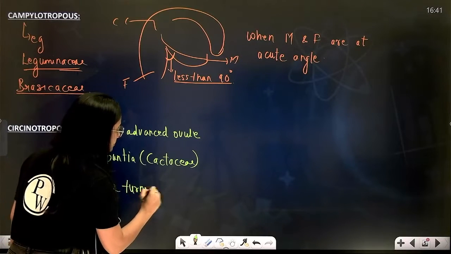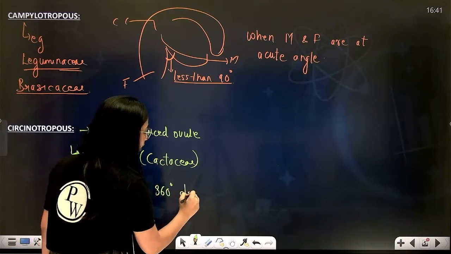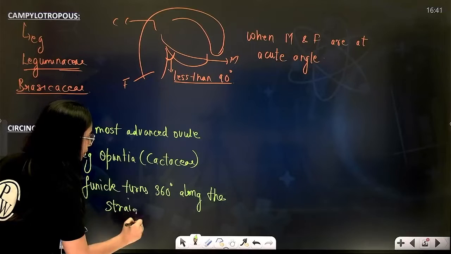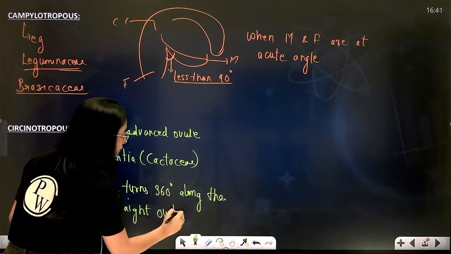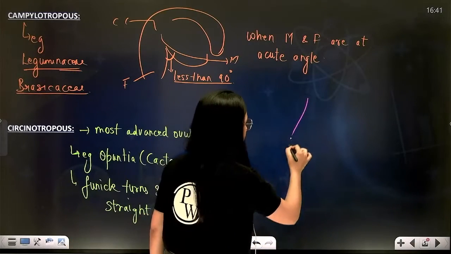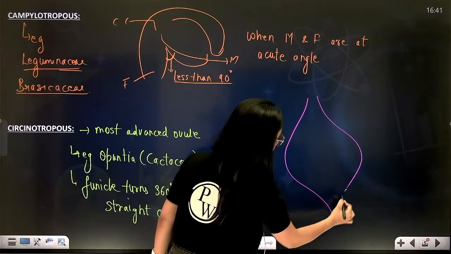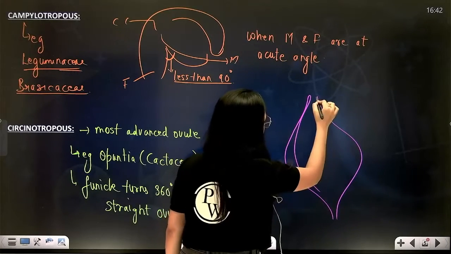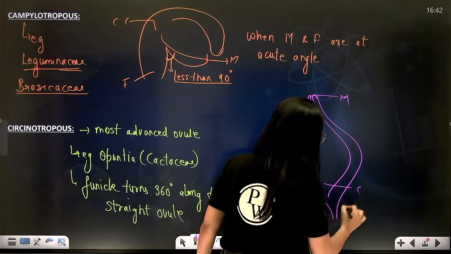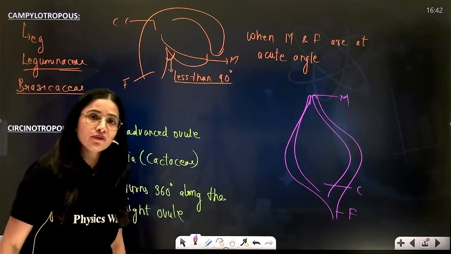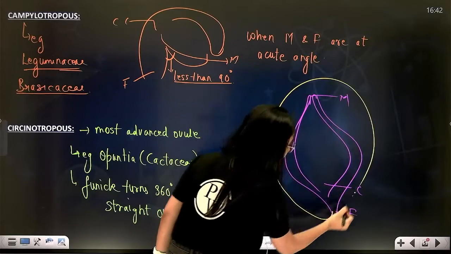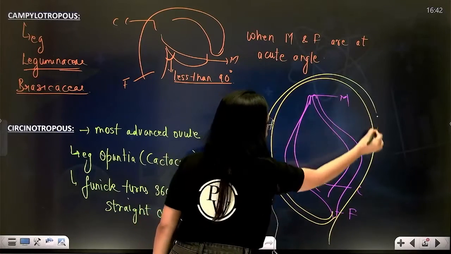Funicle turns 360 degrees along the straight ovule. I'll show you with the help of the diagram. It will become much easier to understand. So first you're going to draw a straight ovule. Remember the LIC logo, right? So it is going to have micropyle at the top, integuments. This is micropyle, this is chalaza, and this is funicle. So how is it different? Beta, this funicle is now going to turn 360 degrees around this ovule like this.